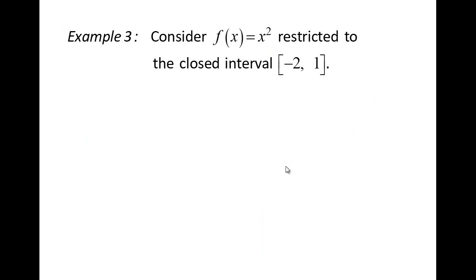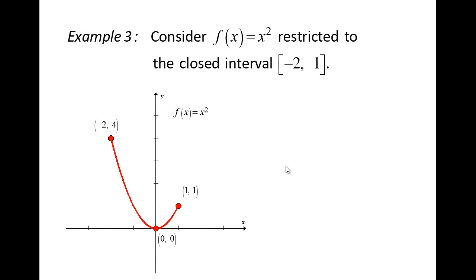Let's consider the function f of x equal to x squared, and we are not taking the largest possible domain for this function. We are picking the domain to be the closed interval from -2 to 1. And this is the graph of f of x equal to x squared between -2 and 1.